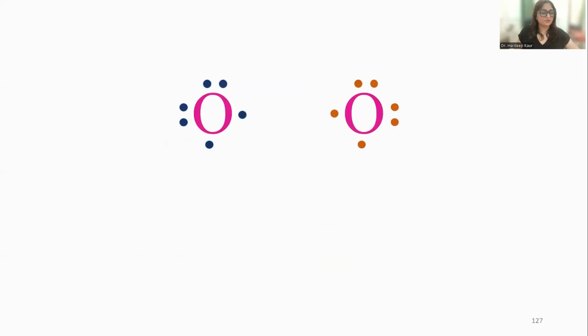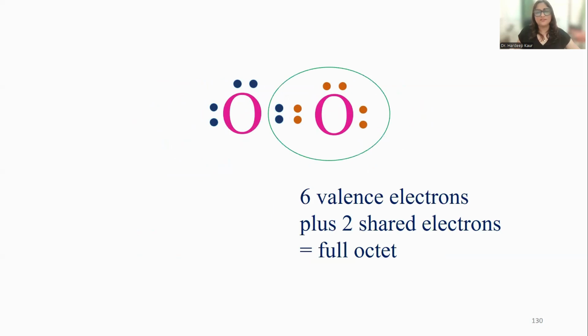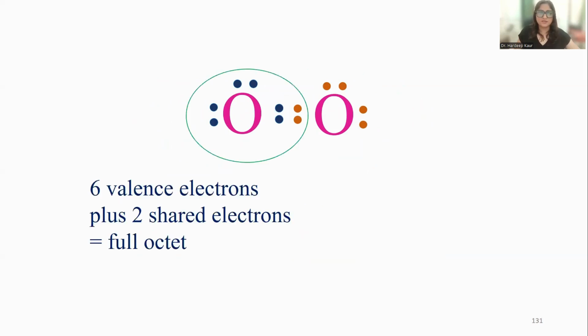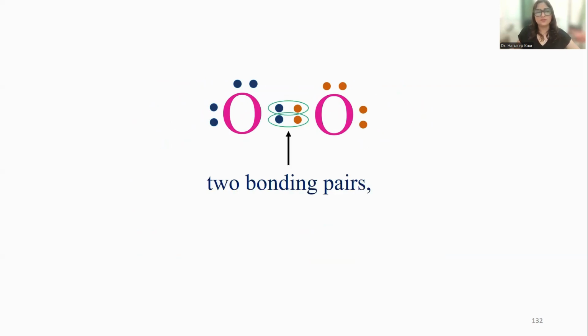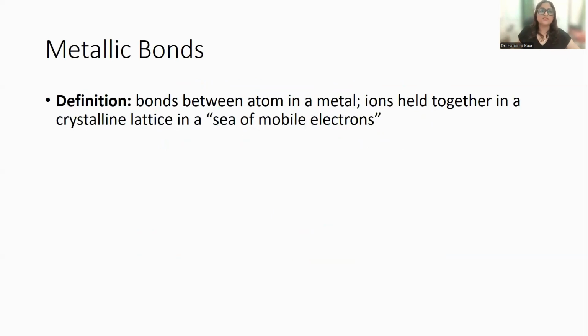They are getting very close now. Two bond pairs: 6 valence electrons plus 2 shared electrons gives a full octet on each side. So two bonding pairs are there, and this makes a double bond. For your convenience, we have marked the double bond with two dashes. So, metallic bond.